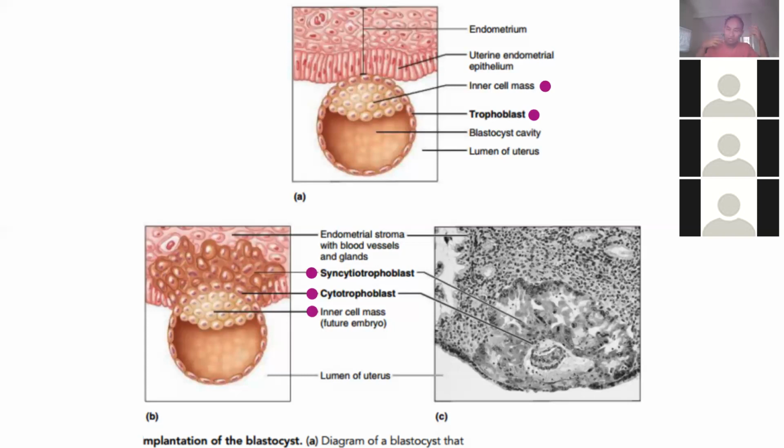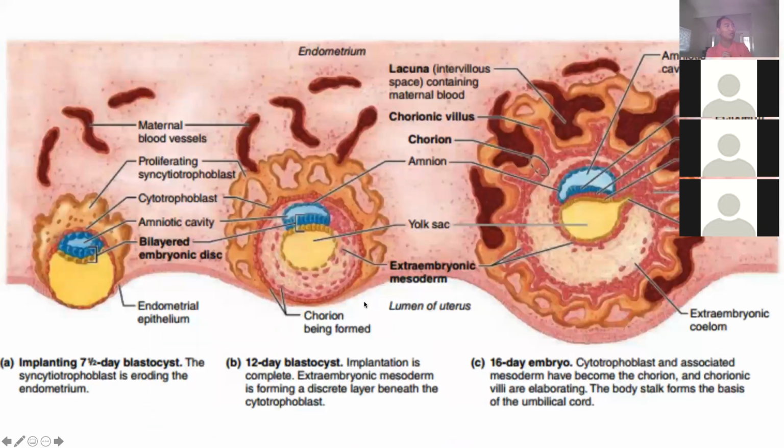Whatever it is, I want you to understand, once the blastocyst invades into the endometrium, the proliferative portion of the trophoblast is called syncytiotrophoblast, and the remaining trophoblast, which is covering the blastocyst, is called cytotrophoblast. Look at that, guys.